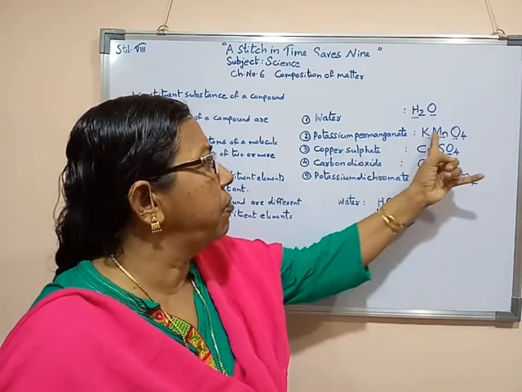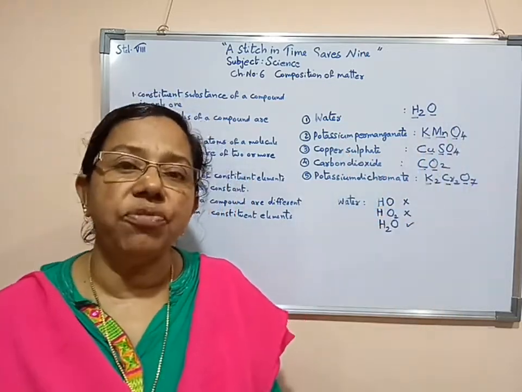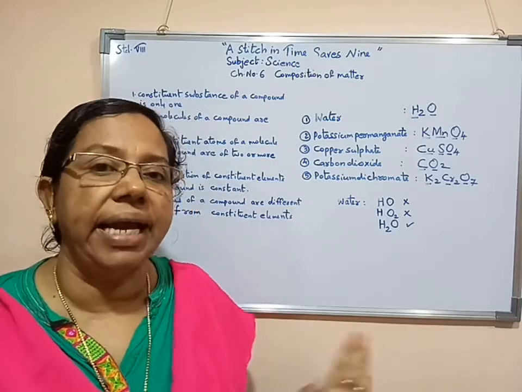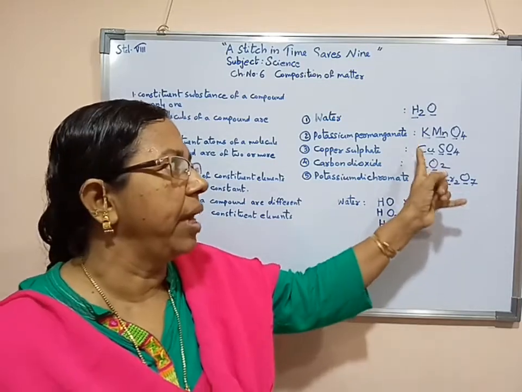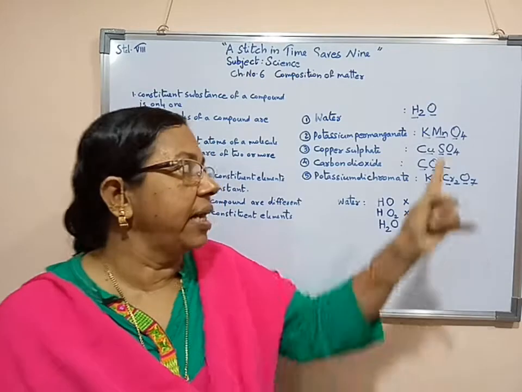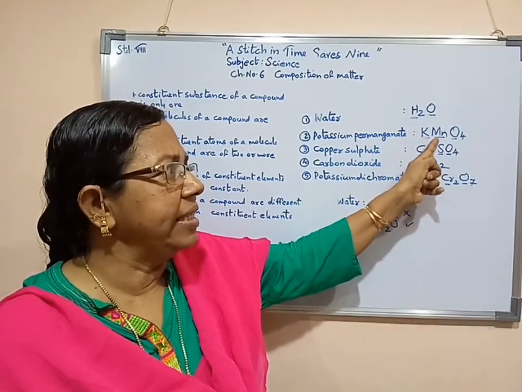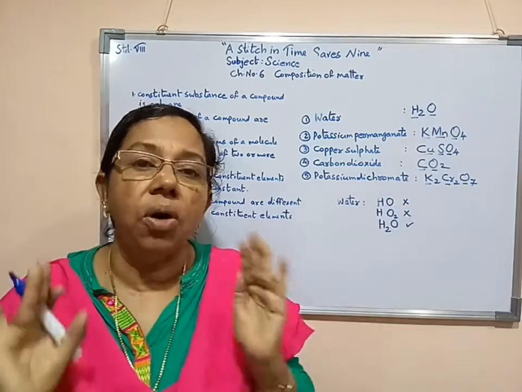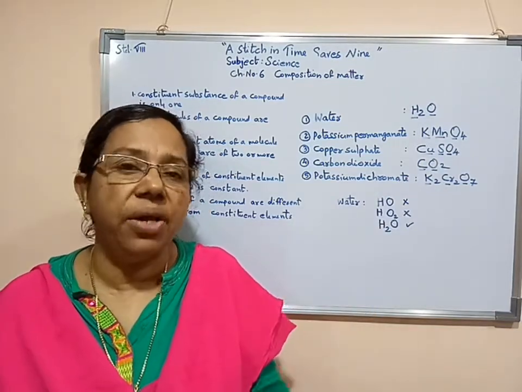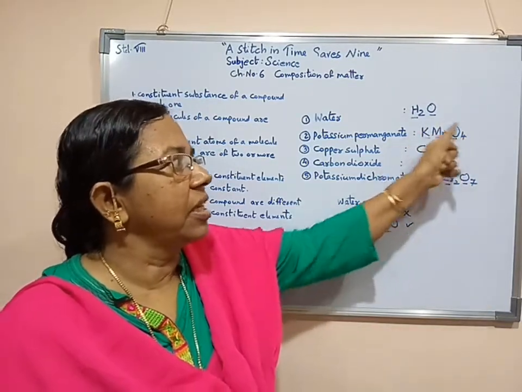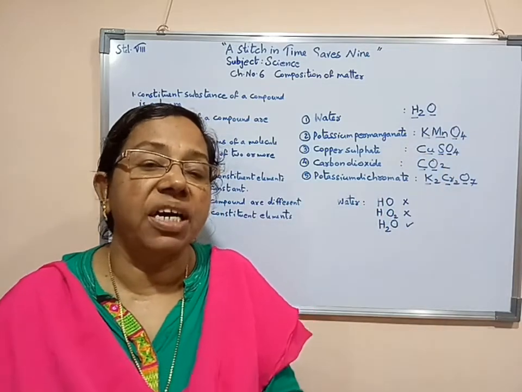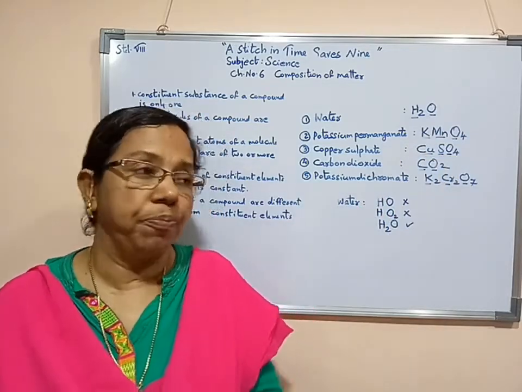Now, when we think of potassium permanganate, its fixed formula is KMnO4: one atom of potassium, one atom of manganese and four atoms of oxygen compulsorily, then only a potassium permanganate molecule can form.